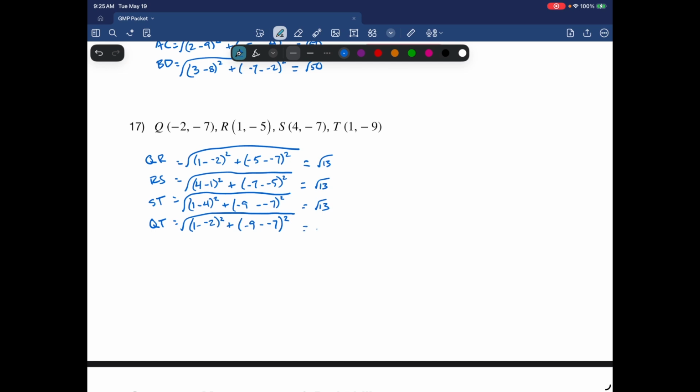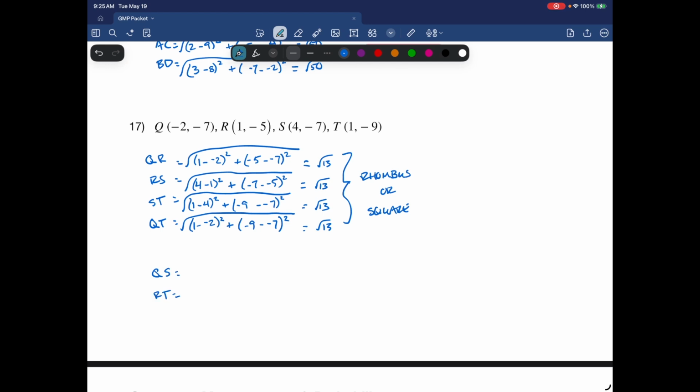And that's also square root of 13. So since all sides are congruent, this is either going to be a rhombus or a square. So I need to look at diagonals now. So I'm going to look at QS and I'm going to look at RT.